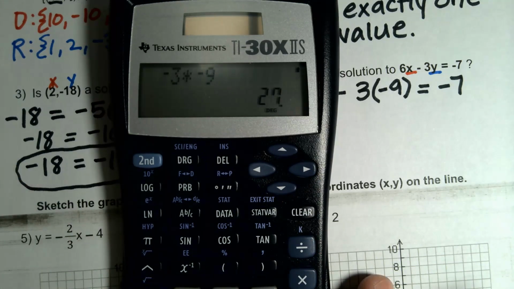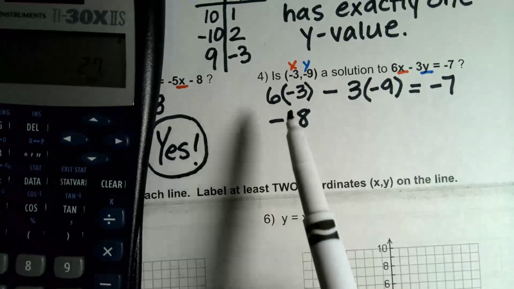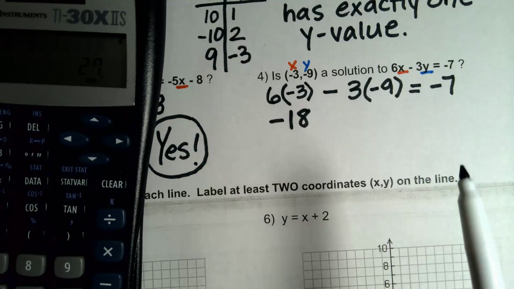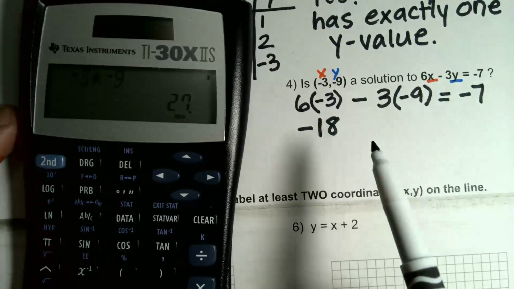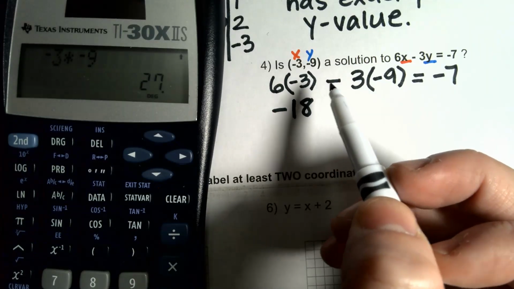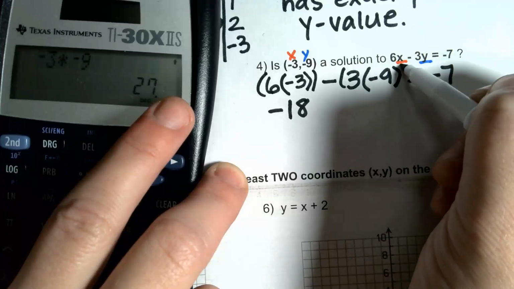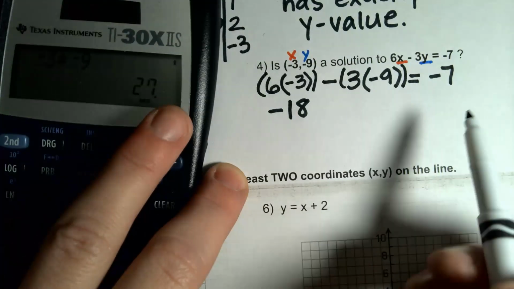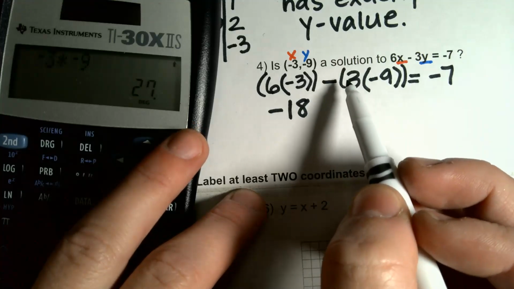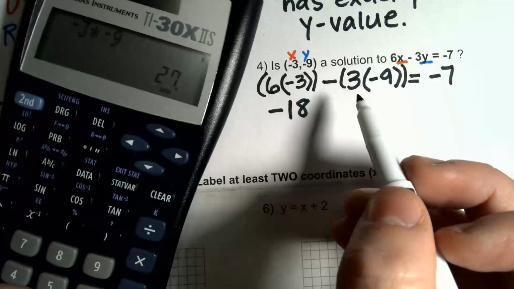Erica, I got negative as well. Did you do positive 3 times negative 9? Okay, I'm going to show you both ways. First of all, whenever we are doing this whole quantity minus this whole quantity, we're distributing that negative to make this a negative 3 times negative 9, so that we end up with a plus 27.